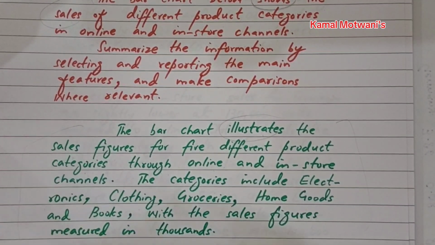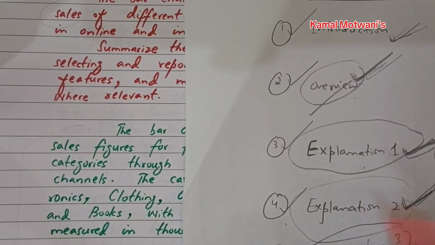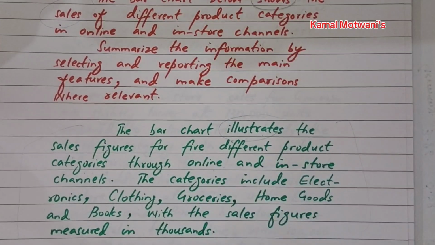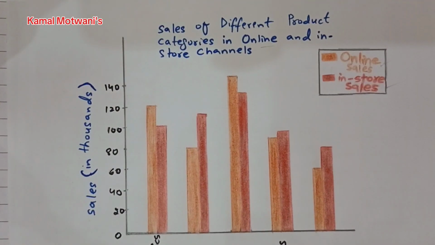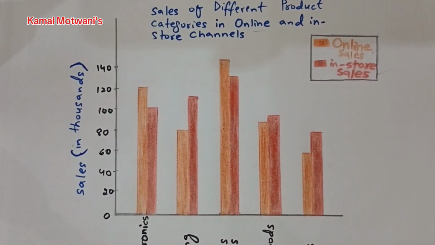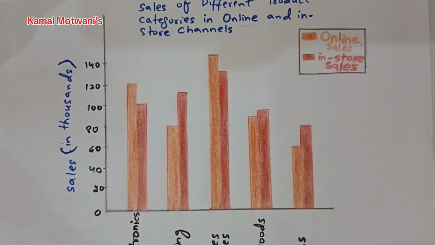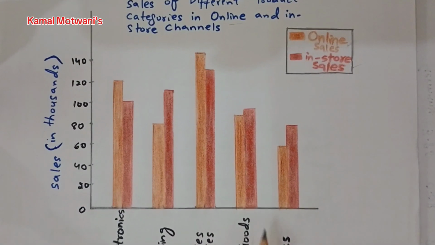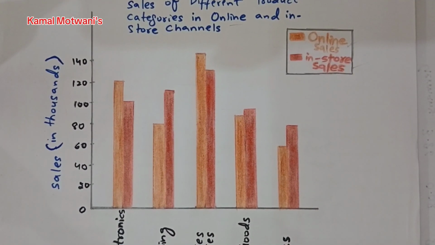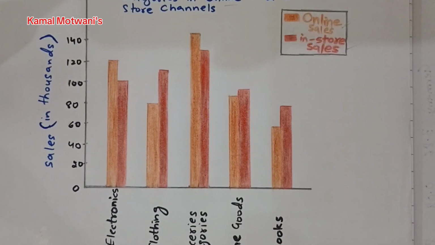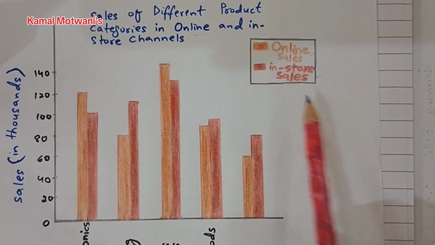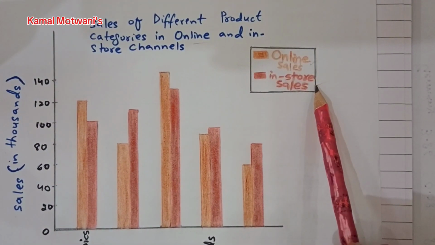Then after the introduction, what we have to write is the overview. I have discussed in earlier videos how to write the overview, the overall information, the thick information, where we do a bit of comparison as well. You see, this bar chart shows that the highest sales pertain to the groceries category, be it online or in-store sales.